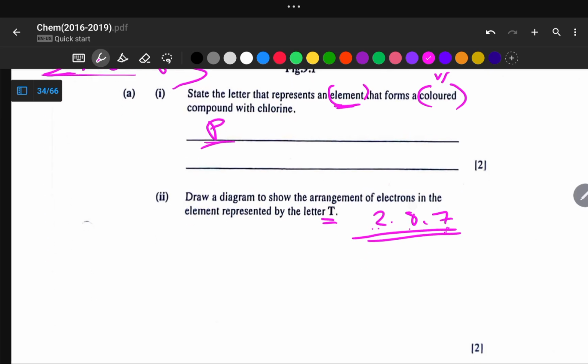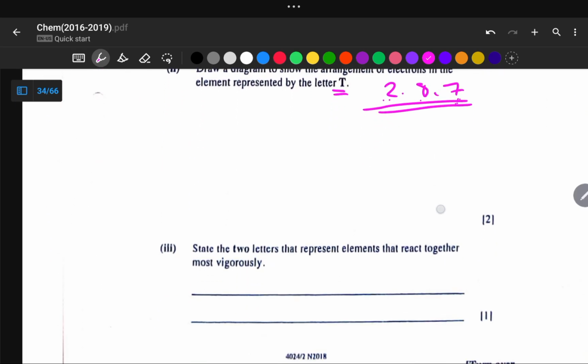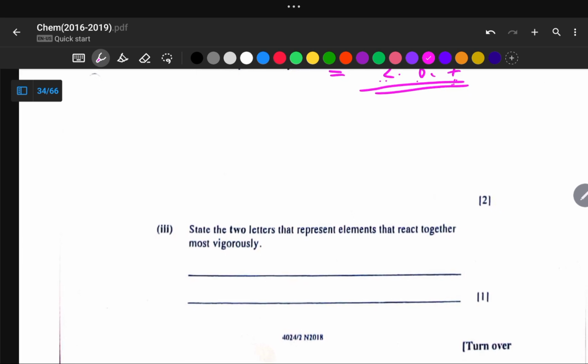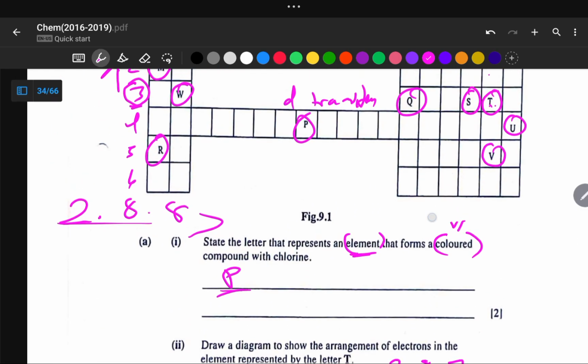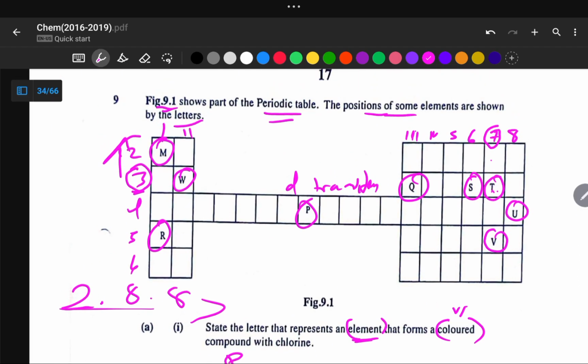And then we now move on to the next part, which says state 2 letters that represent the elements that react together most vigorously. So the element which is very, very reactive is R, which is in group 1, in terms of electropositivity.